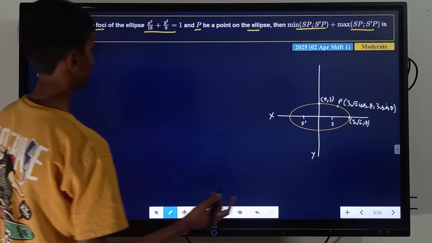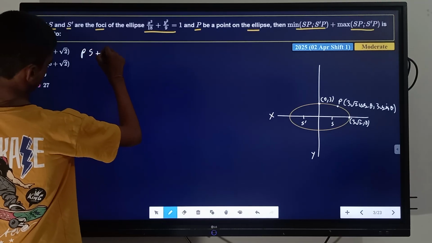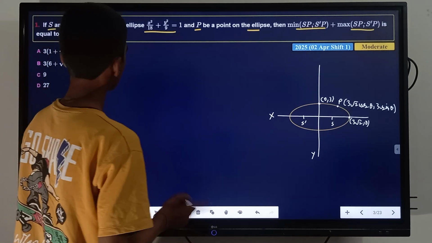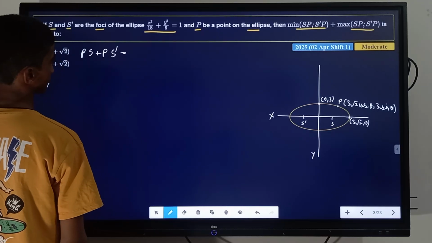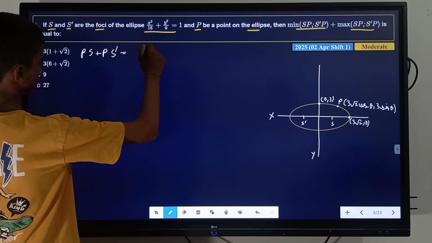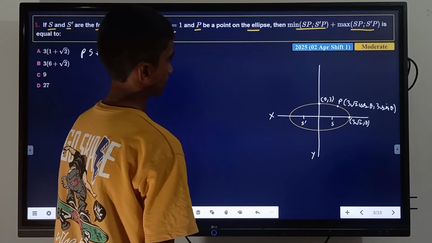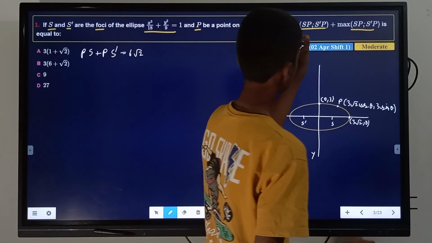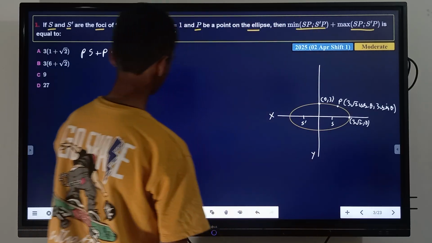Now we know that sum of focal distances from a point on an ellipse is equal to 2 times a, which is 2 times 3 root 2, 6. But the question asks us about min plus max of the products of focal distances.